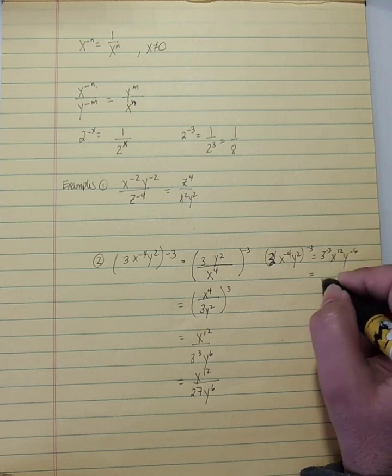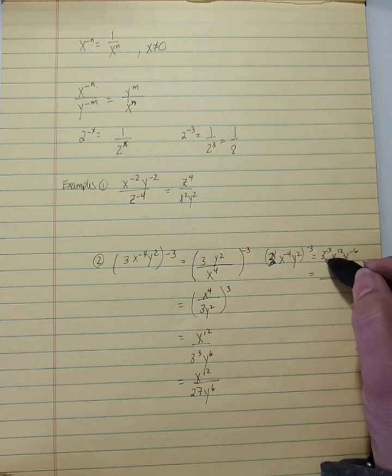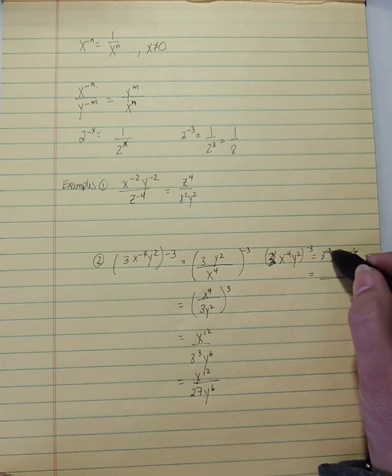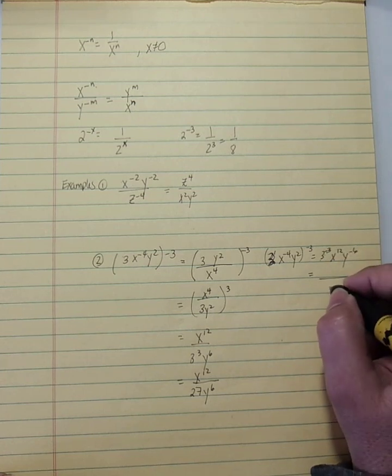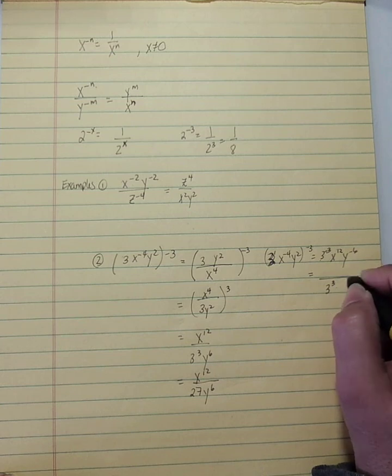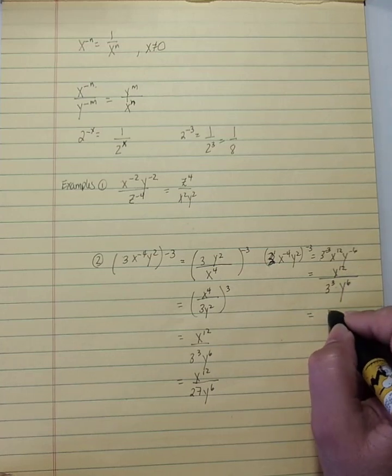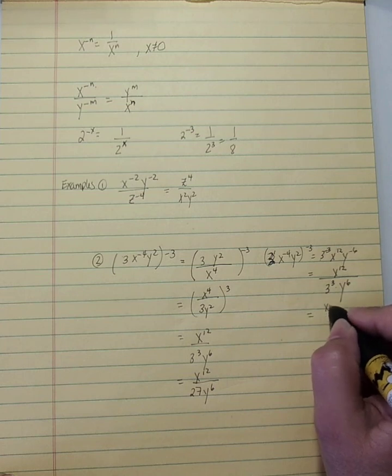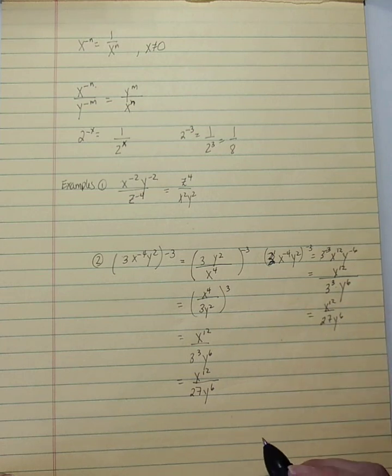So this tells me I'm on the wrong side of the fraction. 3 to the -3 wants to be in the denominator as 3 to the 3rd. Y to the 6th then wants to also go to the denominator, and x to the 12th remains on top. And once again, I'm left with x to the 12th over 27 y to the 6th.